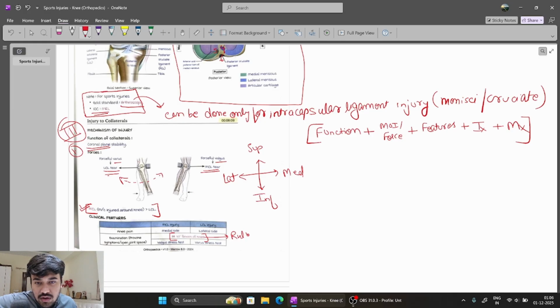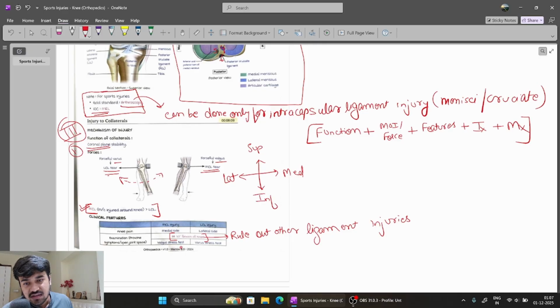It is done so as to rule out other ligament injuries, so as to prevent any false positive, since we want to check the tear of the medial or lateral collateral ligament. So if we have to rule out other ligament injuries, we have to do these tests at 30-degree knee flexion, right? So this is a small point to remember.